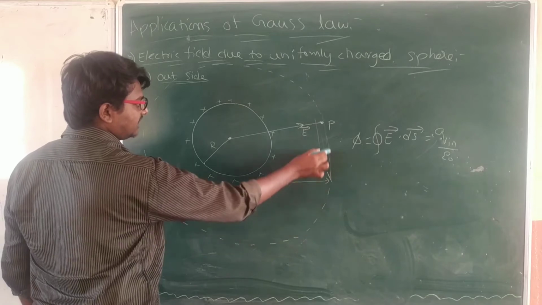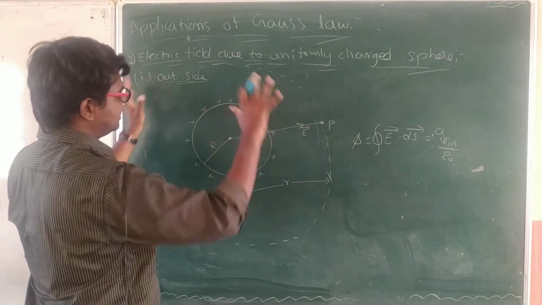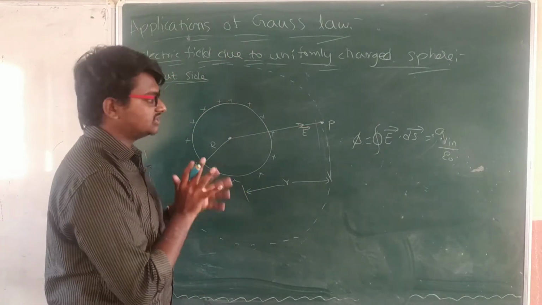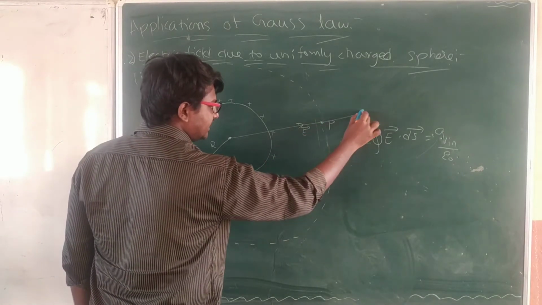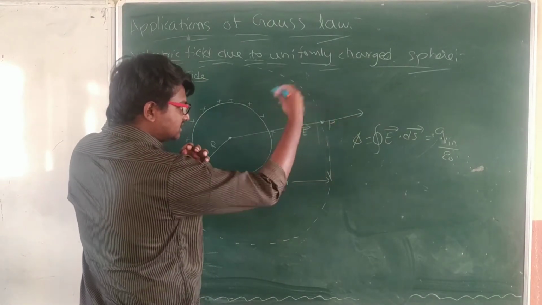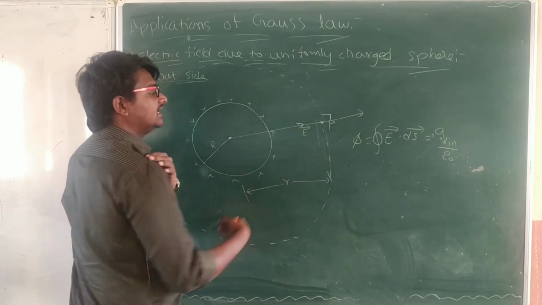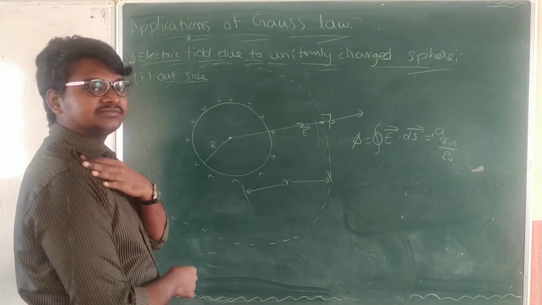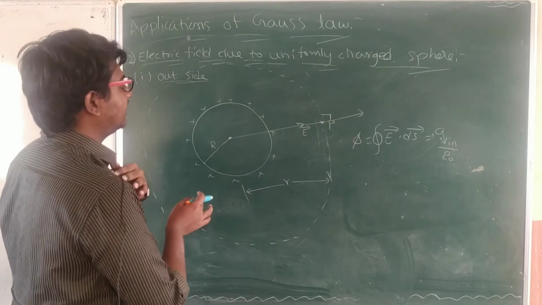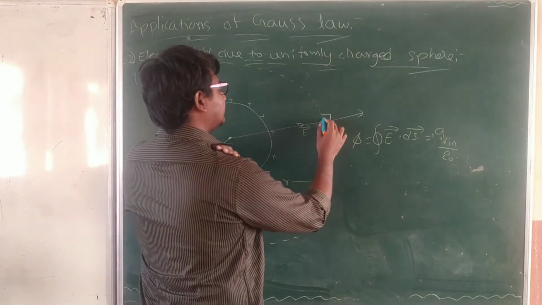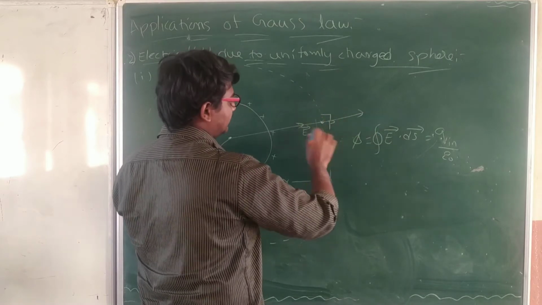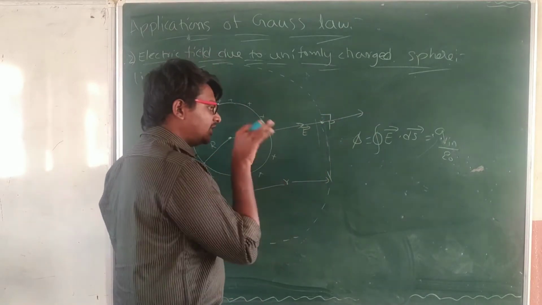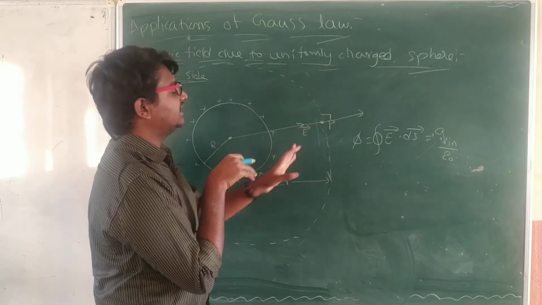Outside the point P, I am considering a Gaussian surface which is also spherical in shape. As the field is radially going outside through this surface, it makes an angle of 0 degrees with the perpendicular to this area.